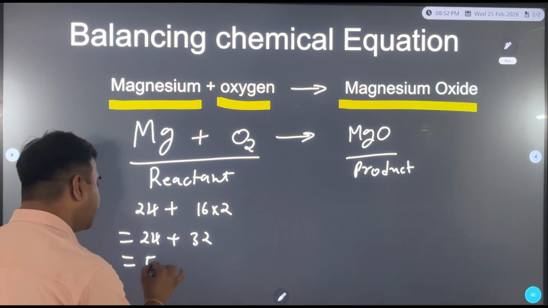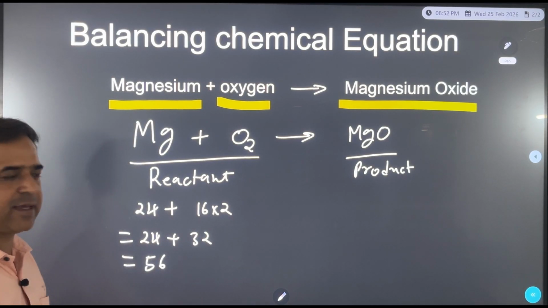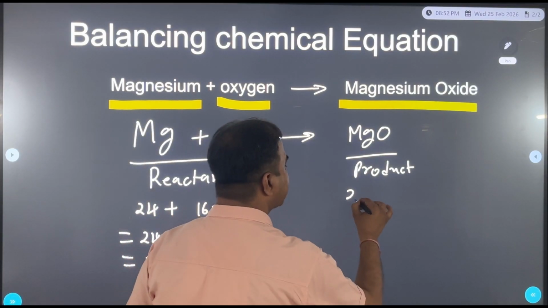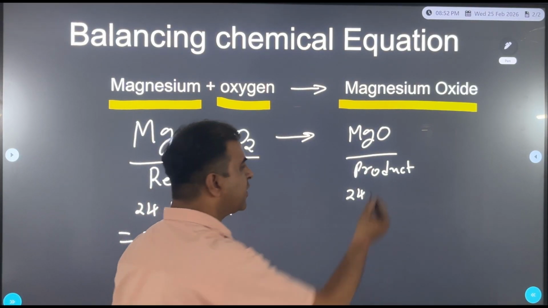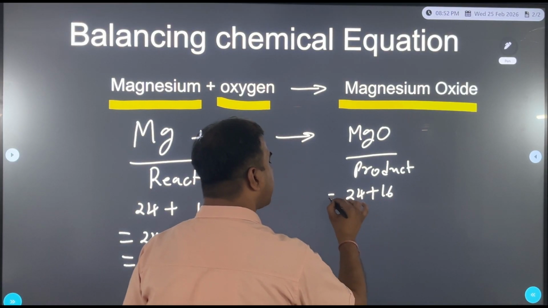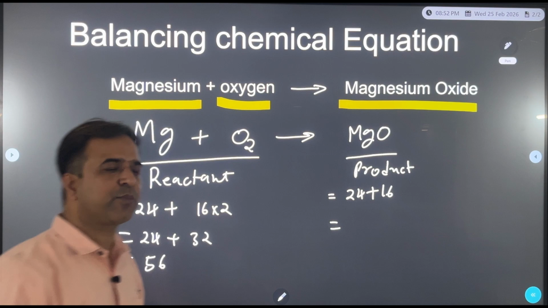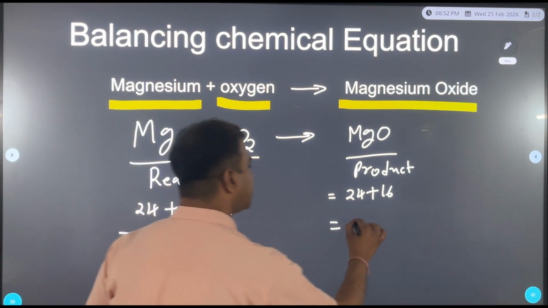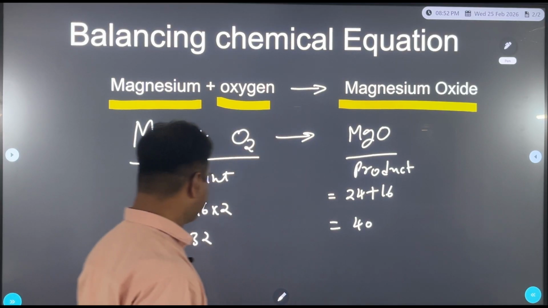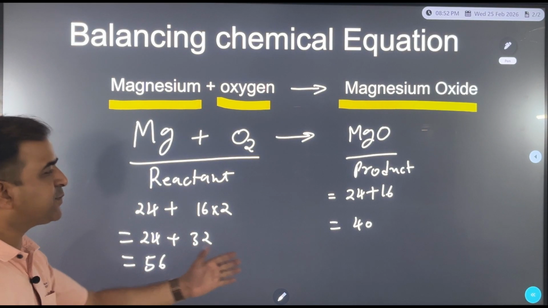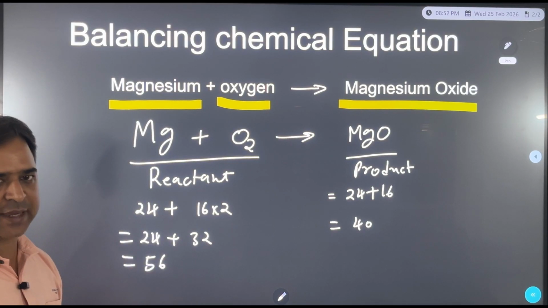This is going to be 56. If you talk about product side here, mass of magnesium is 24, mass of oxygen is 16. So on right hand side, on product side, how much is it? It is going to be 40 only. So you see, it is not equal. Masses must be equal on both sides.